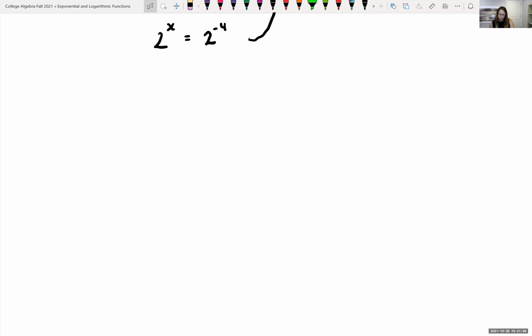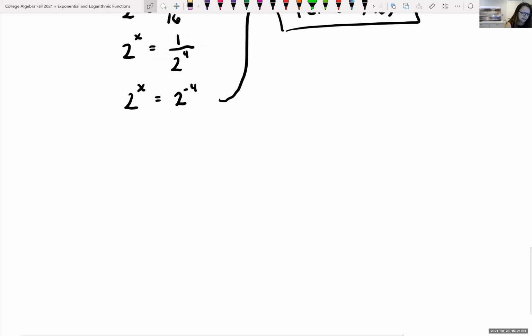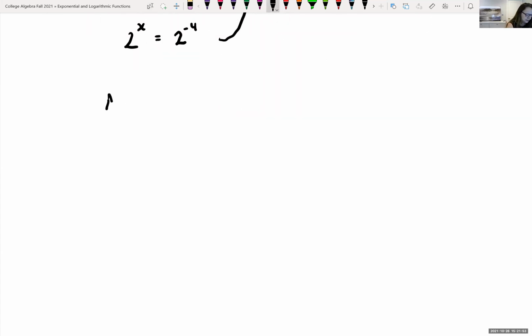How many milligrams will be present after 1 hour and after 6 hours? So we're given the equation that gives us how much drug in milligrams is left in the patient's system. D is equal to 5e to the negative 0.4h.